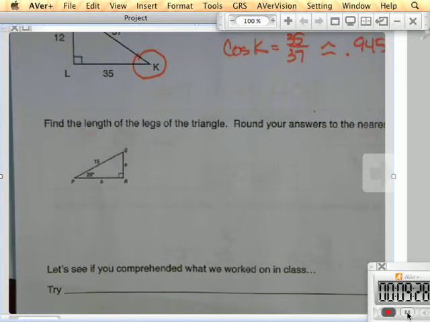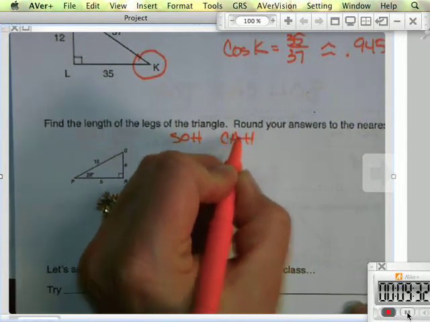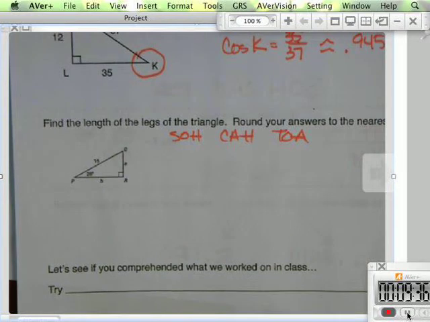So you need to find the other sides. If they gave me the hypotenuse, which ratios should I use to help me find the unknown side? I could either use SOH or CAH, because those are the ones that have hypotenuse in them, correct?